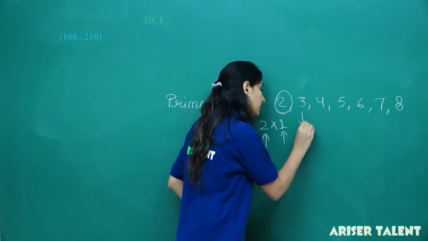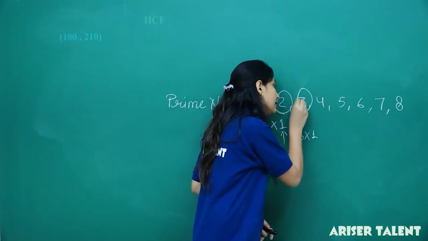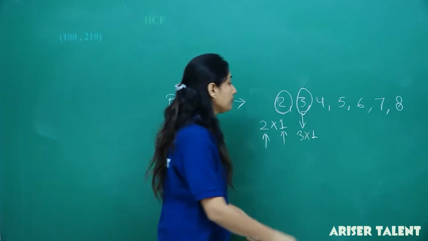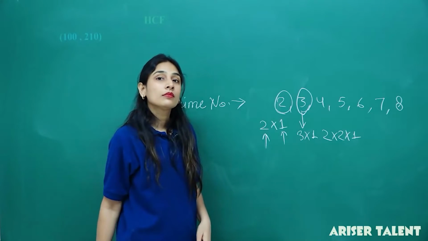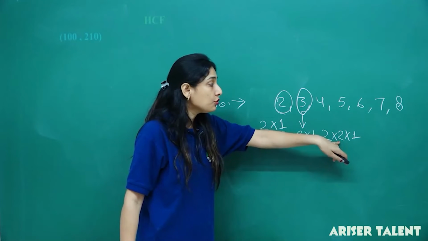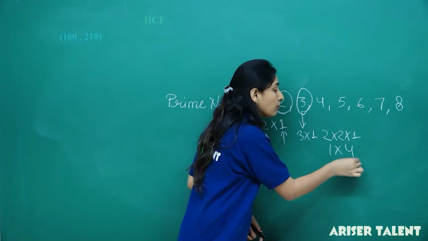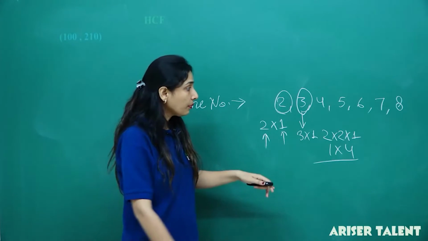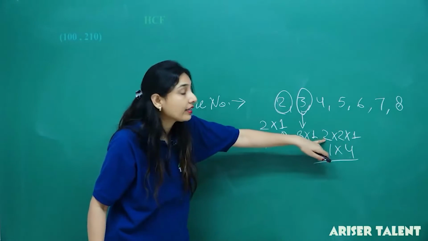3 is 3 into 1. Any other factor possible? No. It is a prime number. 4 is 2 into 2 into 1, and 1 into 4 is also a factor. So other than 1 and itself, it also has the factor 2.